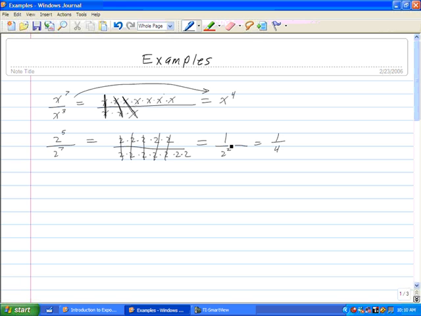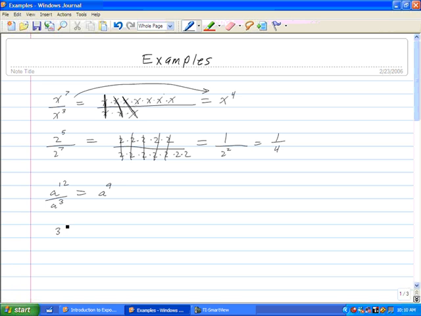Alright, so another example or two of this might be worthwhile. Let's say I had an a to the 12th over a to the 3rd. Well, 12 minus 3 is 9. There were more on top to begin with, so this is an a to the 9th.